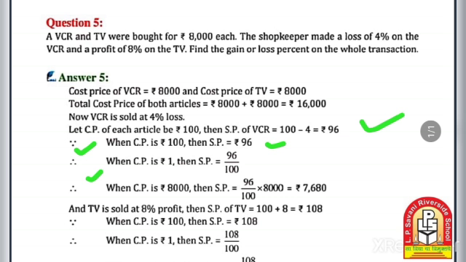When CP is rupees 1, then the SP is 96 upon 100. So when CP is 8,000, then SP is 96 upon 100 multiplied with 8,000, because we have to find the price on the base of rupees 8,000.